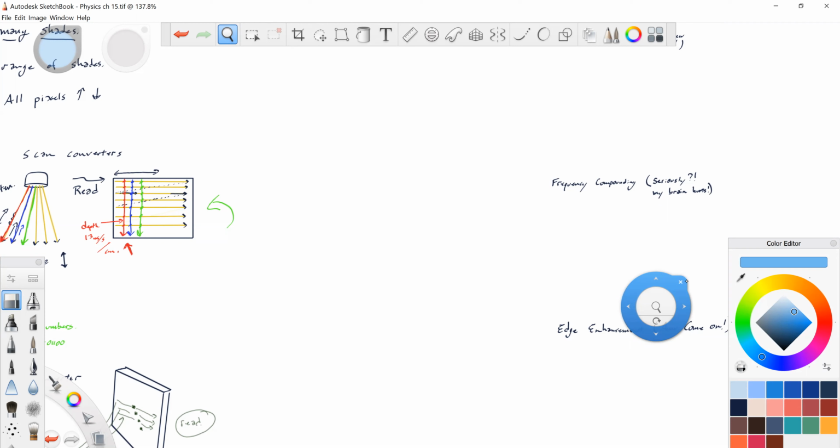Log compression. Well, we haven't even spoken about what log compression is, but that is a pre-processing. Write magnification. In other words, there's two types of magnification. There's before and after, write and read magnification. Persistence. Persistence is basically how long is the information held on the screen?